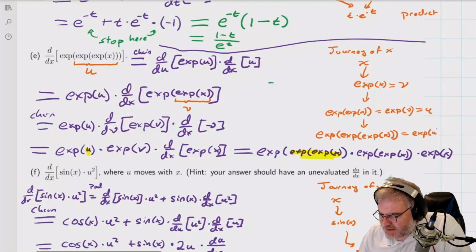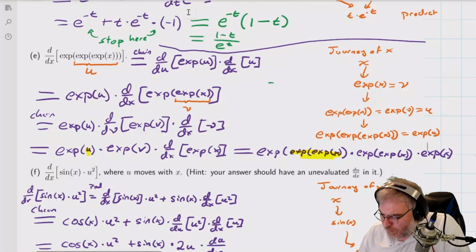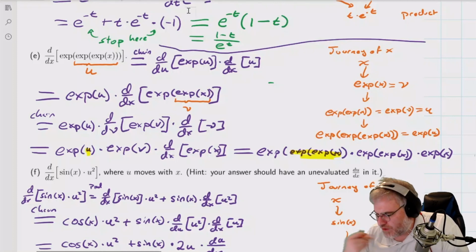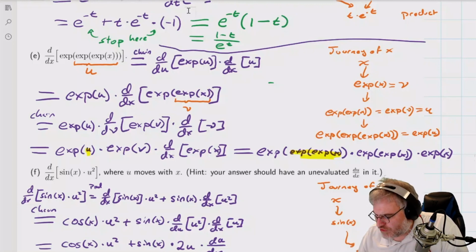Now, it's not important, so if you like to write this like this, you're going to wind up with your u being this, because you go in order. And then you're going to wind up with your v being this, and that's fine. It doesn't matter which one is u and v as long as you're consistent. So that's the journey of x.